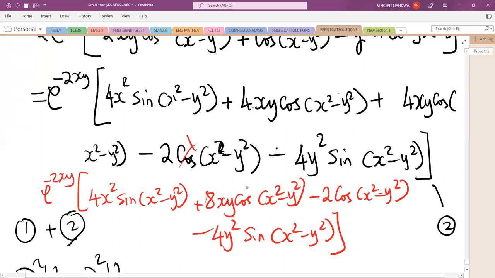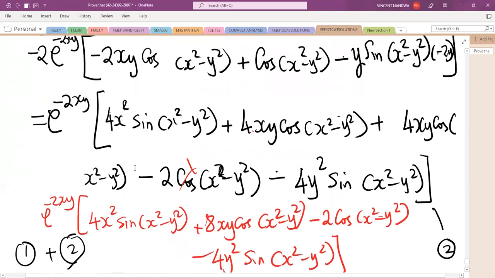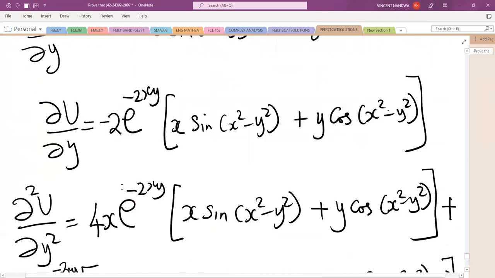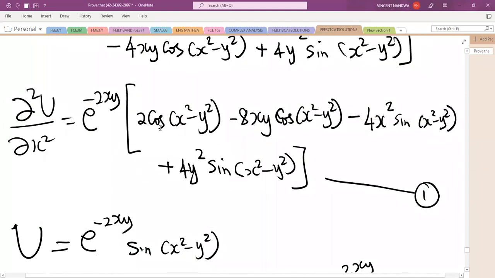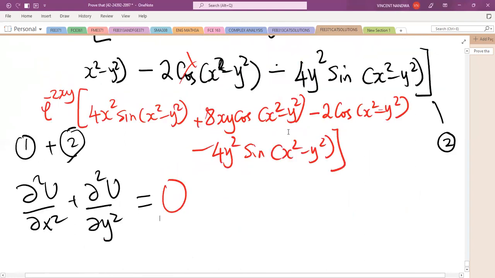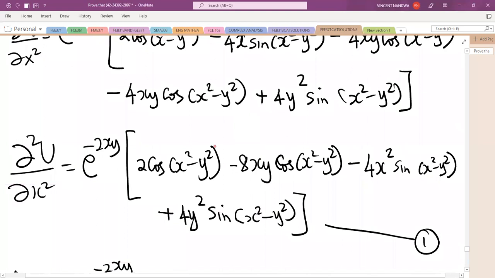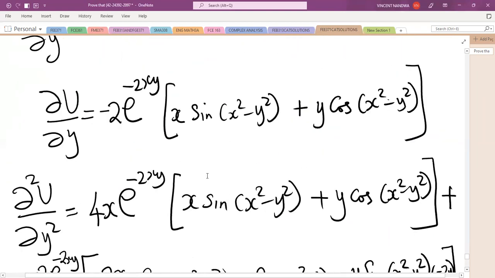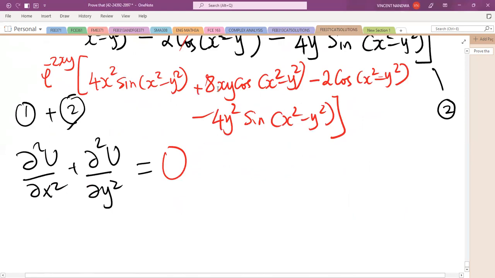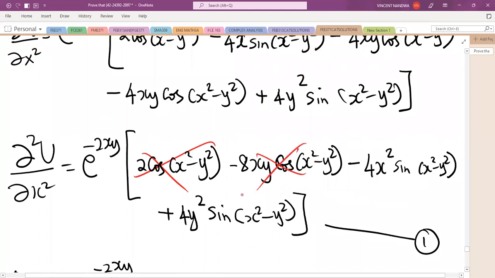When you add this equation and equation 1, you should actually get 0, because similar terms in these two equations have opposite signs. For instance, you see here, this one has positive sign, 2 cos, and here this one has a negative sign. So we have done with terms of this kind, minus 8xy, but here we have positive 8xy. So adding those two eliminates those terms.